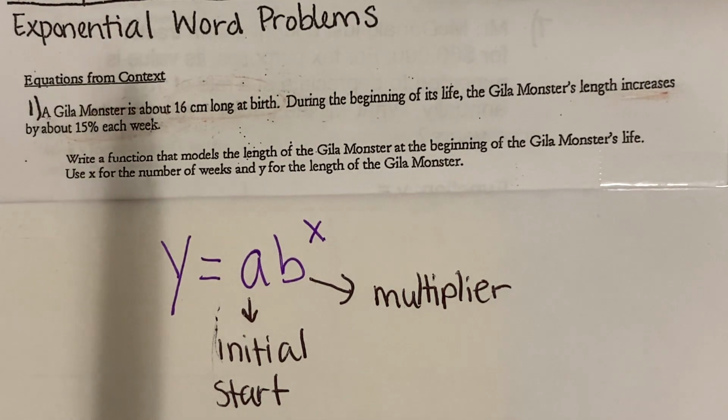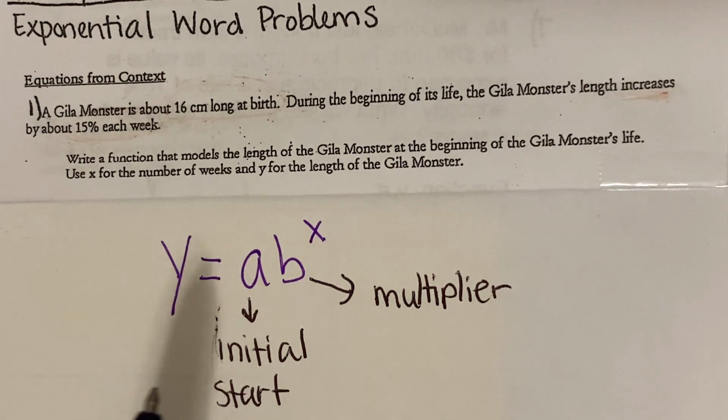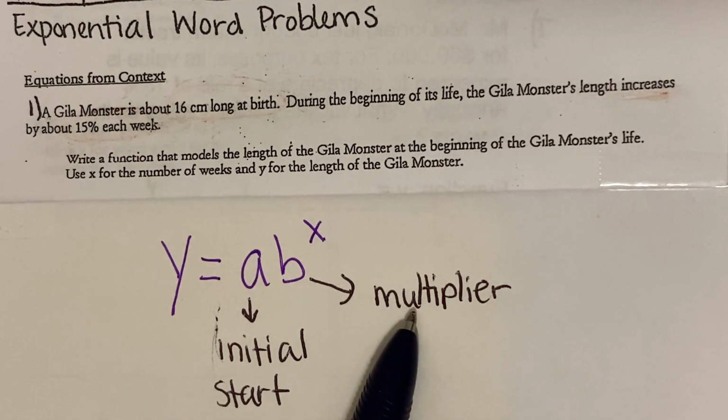Now, 3 things that we're looking for in this word problem as we're reading it. The first thing being our initial value, the starting value. We're always looking out for that. The second thing we look for is our multiplier, whether it's going to be greater than 1 or in between 0 and 1.